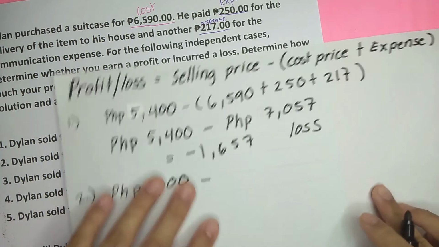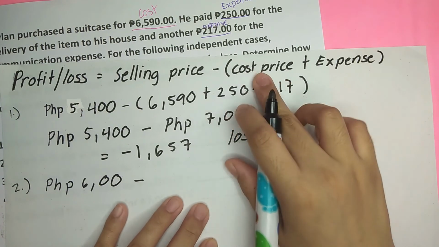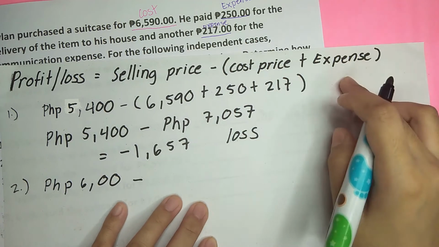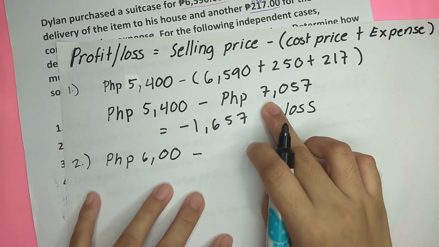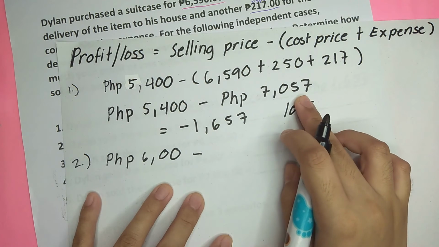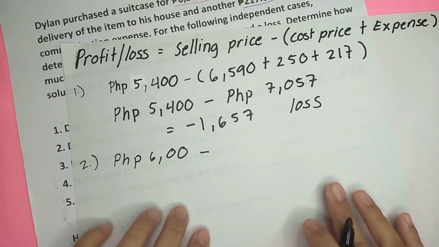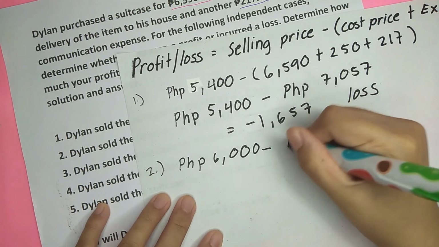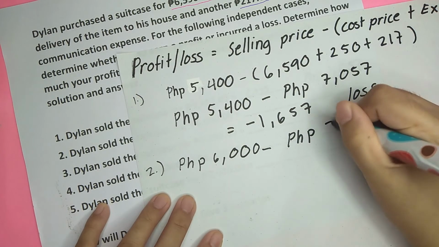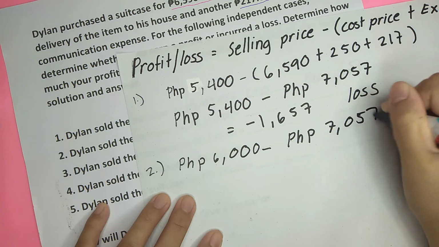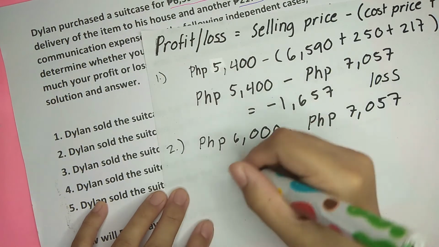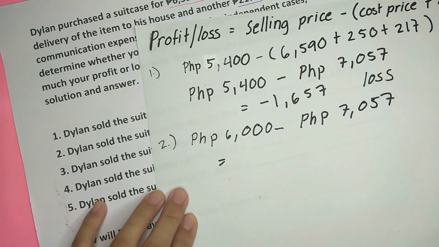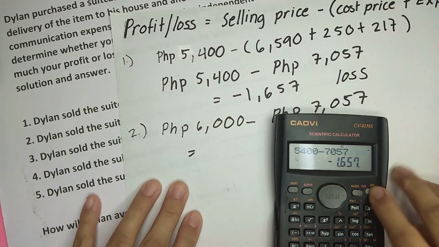Minus, since hindi naman nag-iba ang cost price at saka yung expense, which is 7,057 pesos, kopyahin na lang natin para mas mabilis. Pag minus yan, for sure, negative ulit ang makukuha.